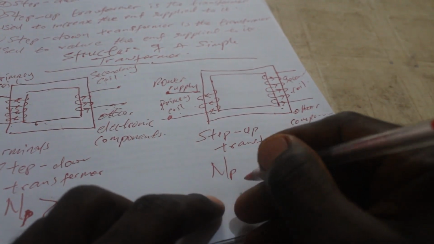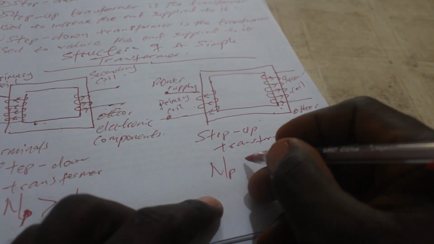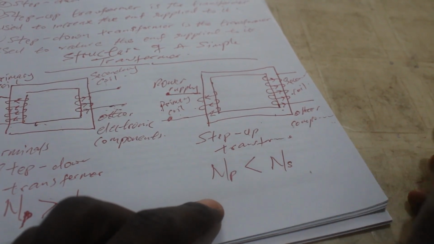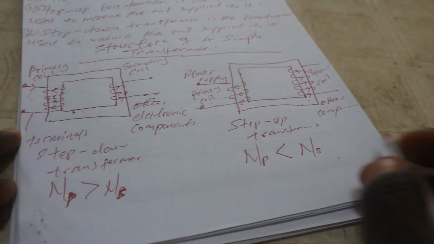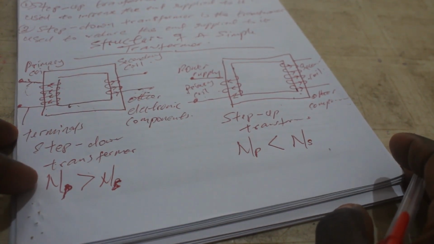While for a step-up transformer, the number of turns in the primary coil is less than the number of turns in the secondary coil, as you can see. So that's very important.